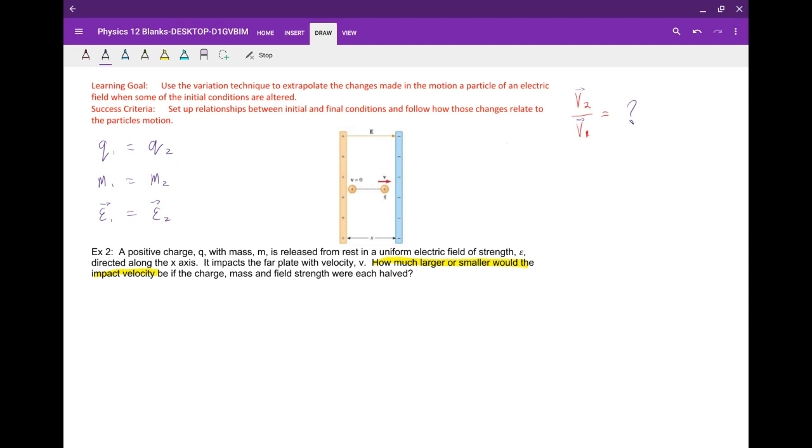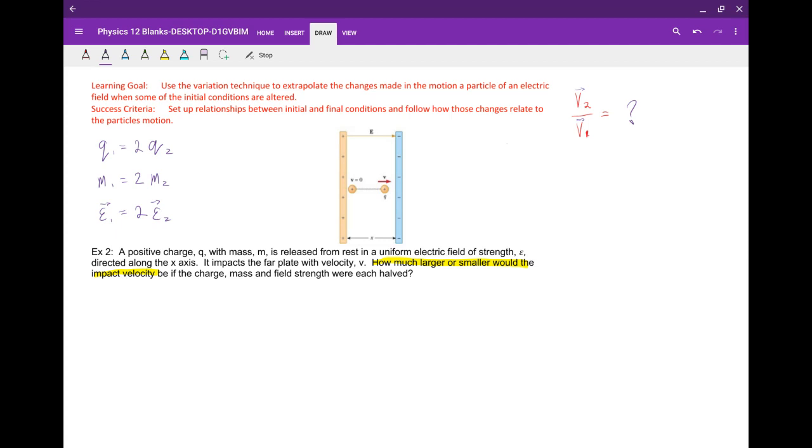Notice all of the final conditions are chopped in half, so we can write the following. They're not equal, they are actually equal to 2's here, here, and here.